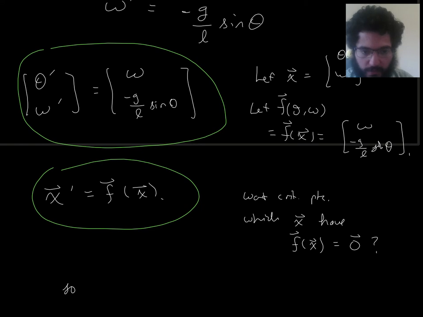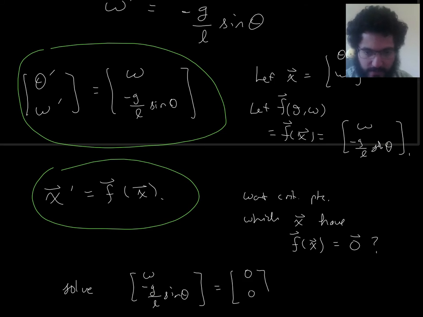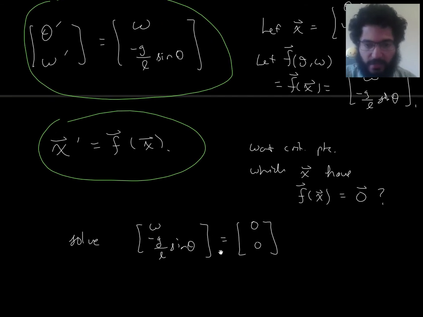So what we want to do is solve this. This is f of x, right? X just means the pair theta omega. We want to solve f of x equals 0, the 0 vector. And whatever values of theta and omega make this true are going to be critical points.